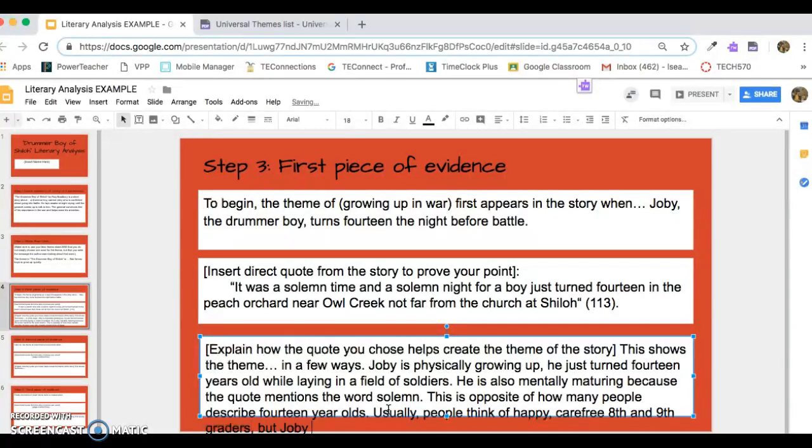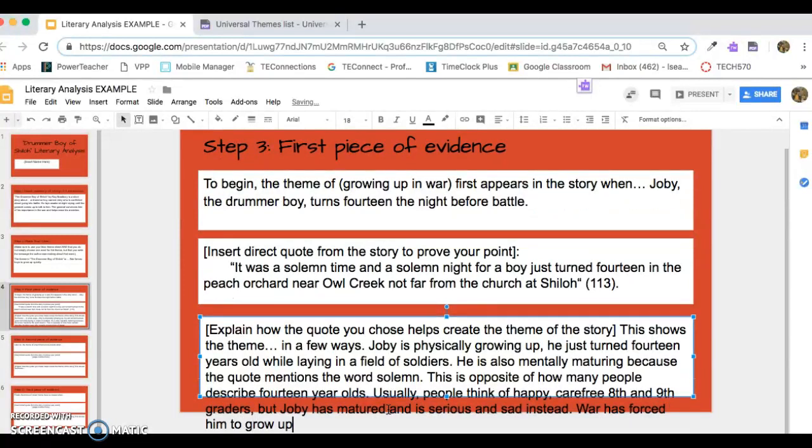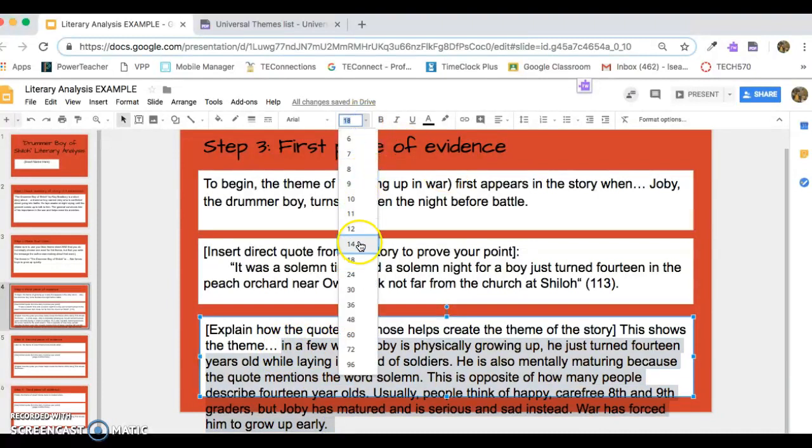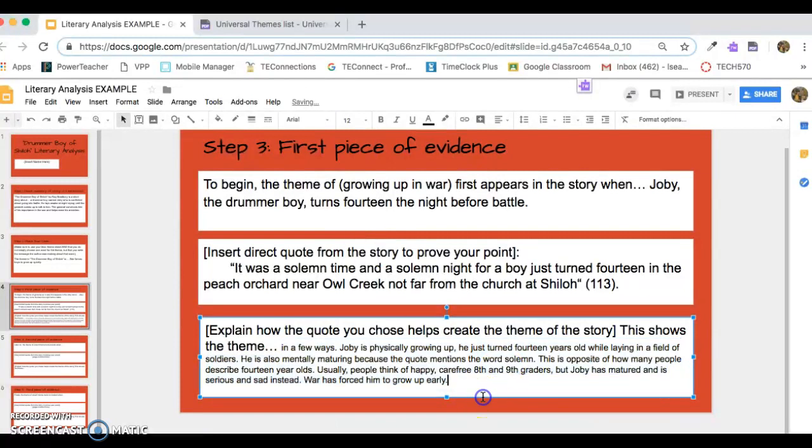But Joby has matured and is serious and sad instead. War has forced him to grow up early. All right. So I'm going to change the font in this just so it will all fit in the slide, and you are welcome to do that as well.